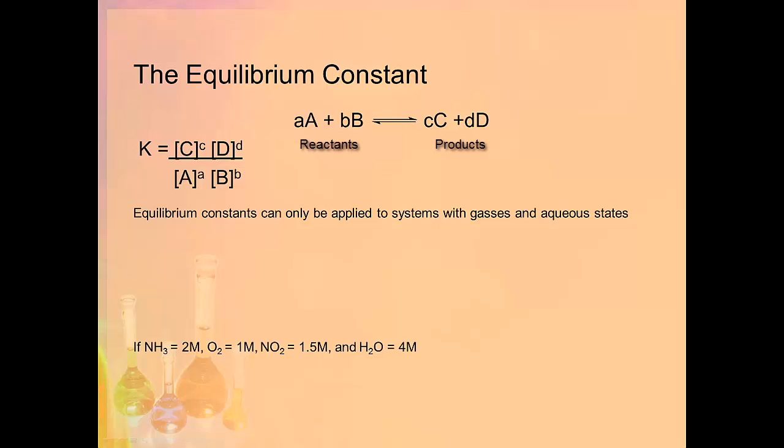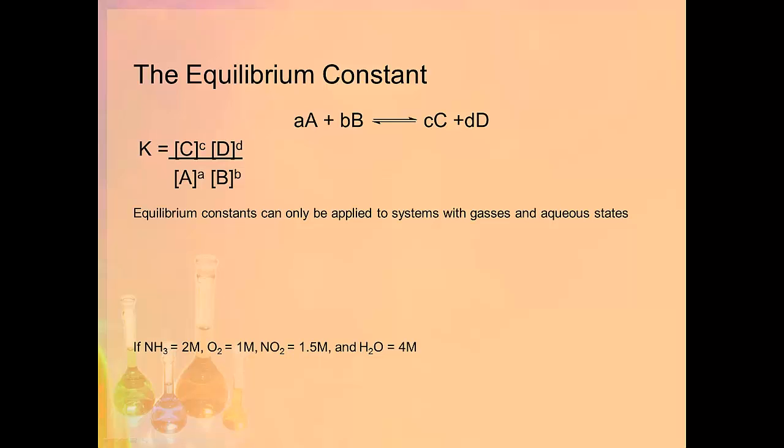Obviously, because these reactions are reversible, and in fact there's two reactions proceeding, we know that everything is both a product and a reactant depending on which way the reaction is proceeding. But to keep things simple, I'll refer to A and B as being reactants and C and D as being products.